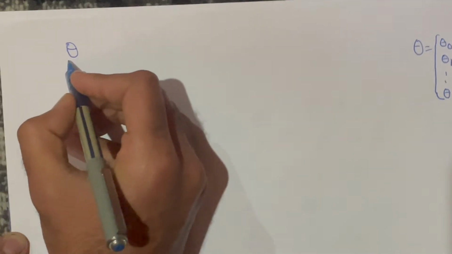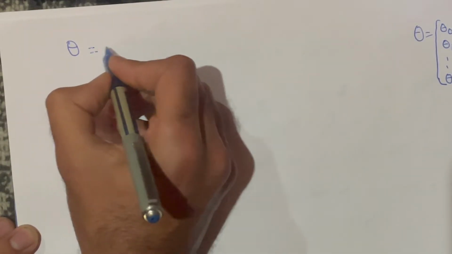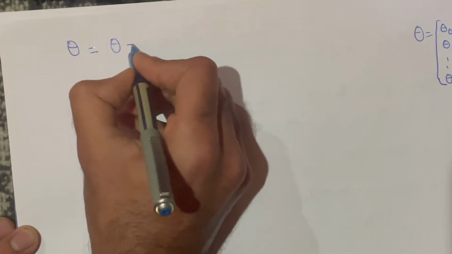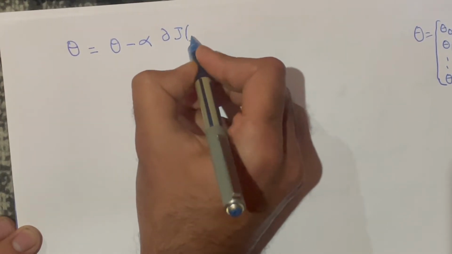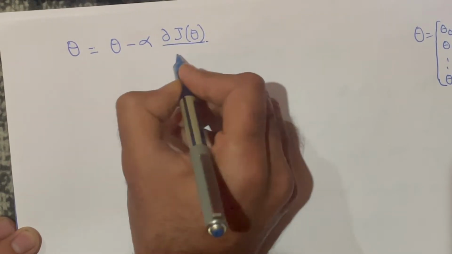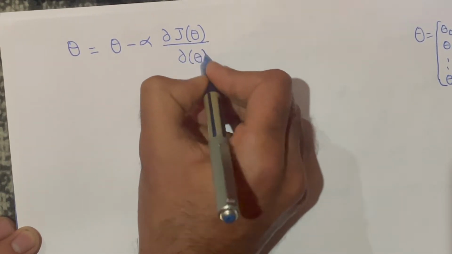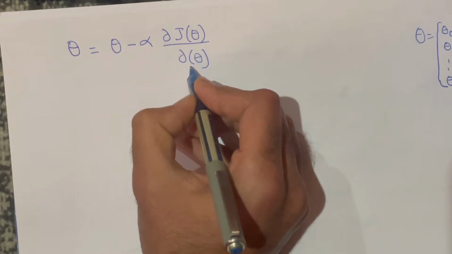Okay, so it is in matrix. In matrix it will be equal to theta minus alpha times the derivative of J of theta with respect to theta. So this is matrix and this is also matrix.